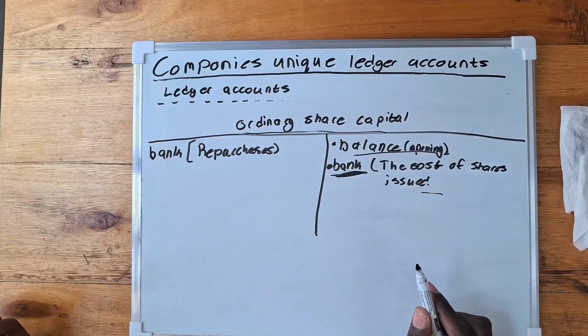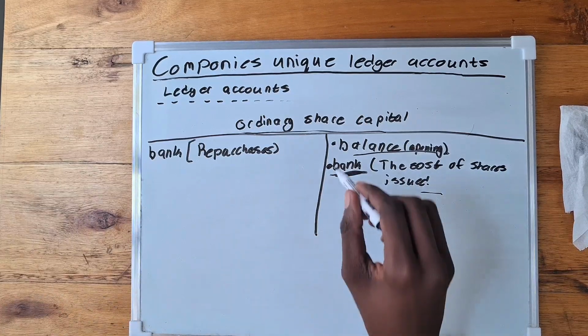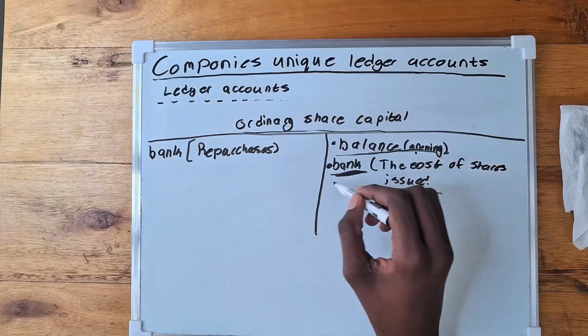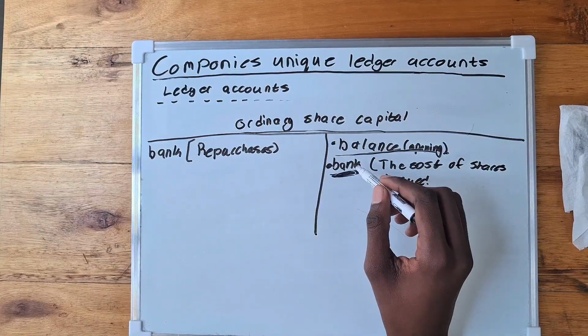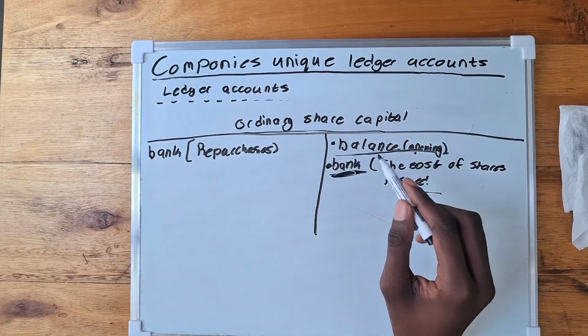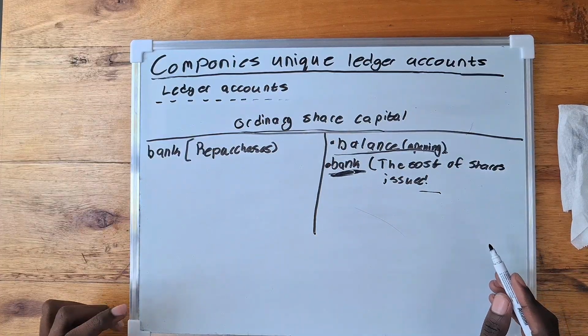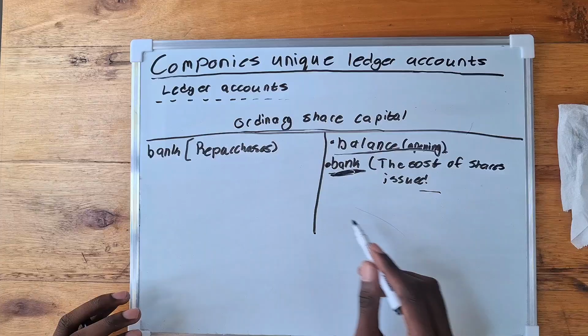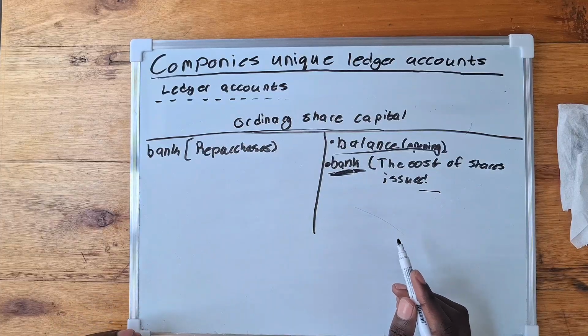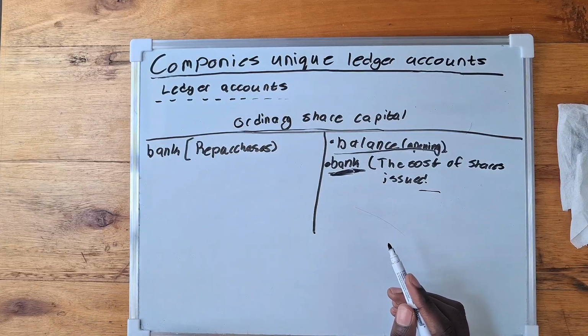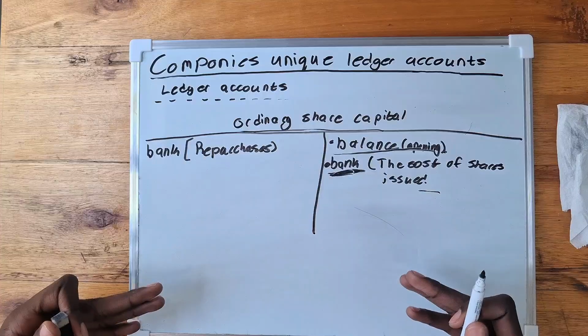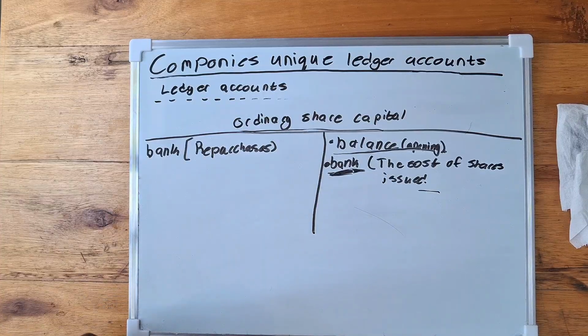It's not good advice, but cram that the balance and the bank for additional shares issued is on the credit side and the repurchases is on the debit side, right? If you can cram that, then in a test environment you must just put that on paper, which shouldn't be too difficult.